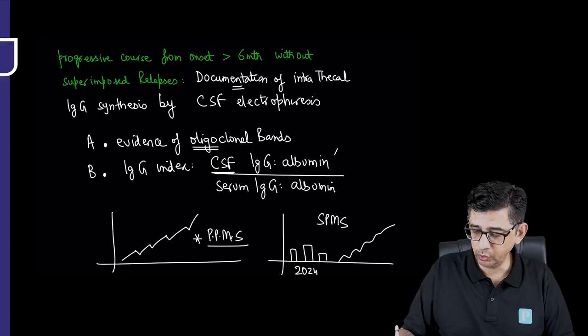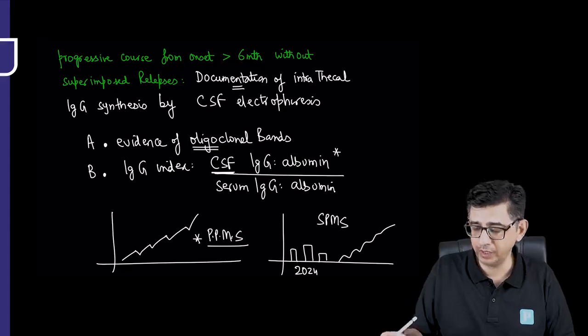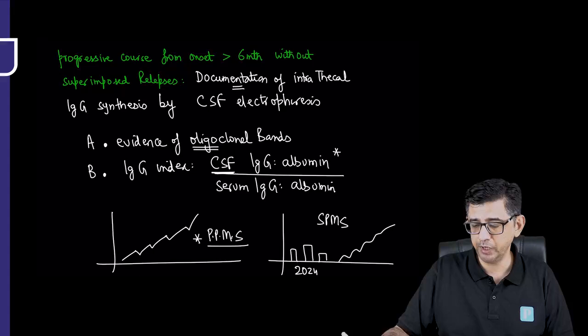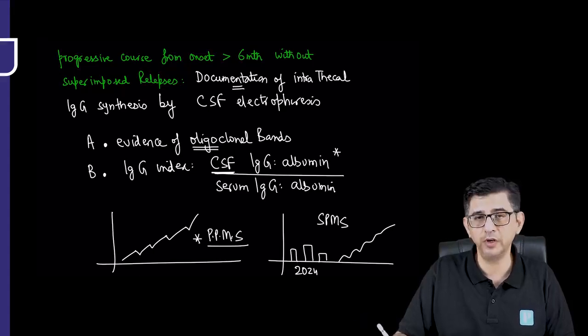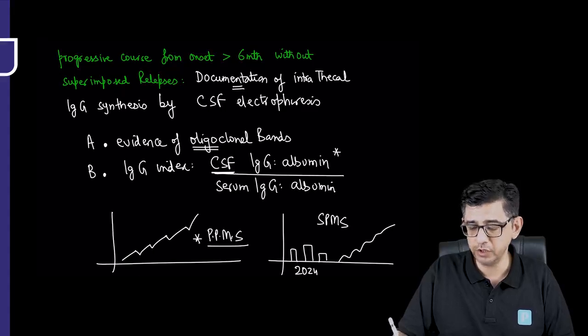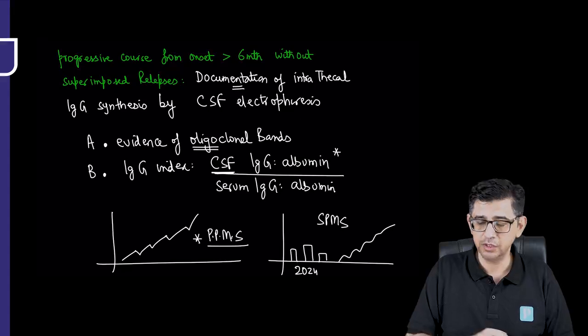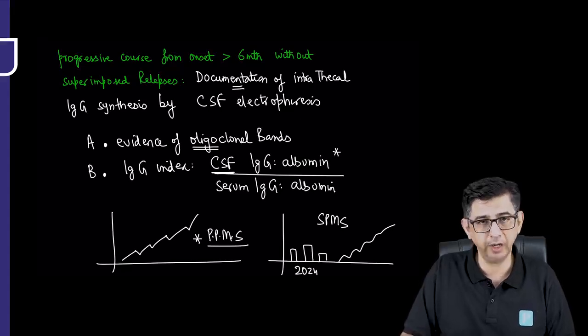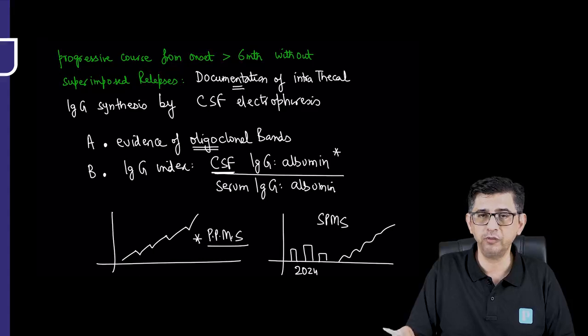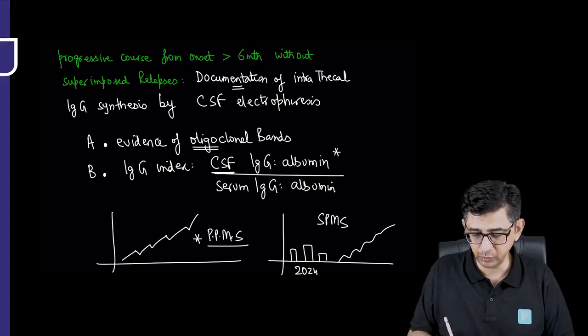So this value will always be more than 1, as a ratio, because the numerator will have a higher concentration of immunoglobulin G because of local synthesis of immunoglobulin G in the CSF of this patient. This CSF electrophoresis is used for diagnosis, especially in the primary progressive variety of multiple sclerosis. For the routine variety, MRI and the presence of 2 signs and 2 symptoms is more than sufficient.